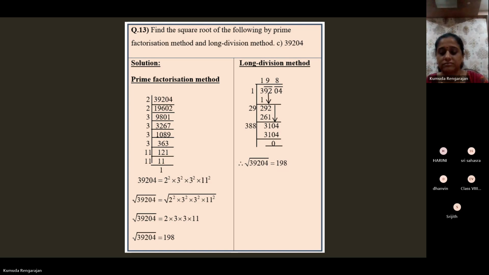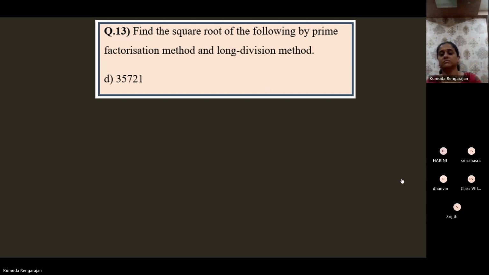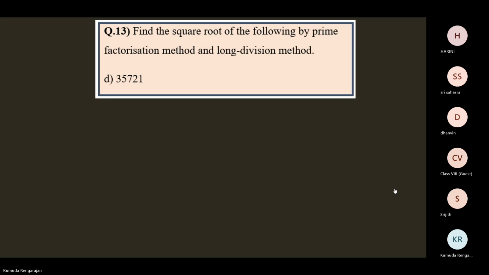Done, Shrijit? Yes, ma'am. All right. Ma'am, the root of 3,969 is 63. Sorry, the quotient term, 189.